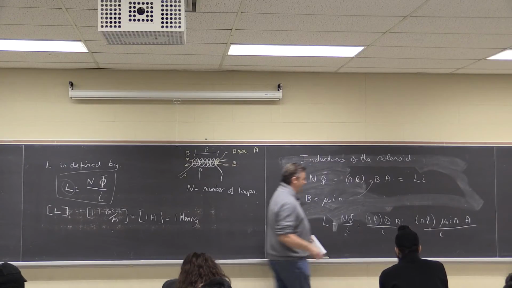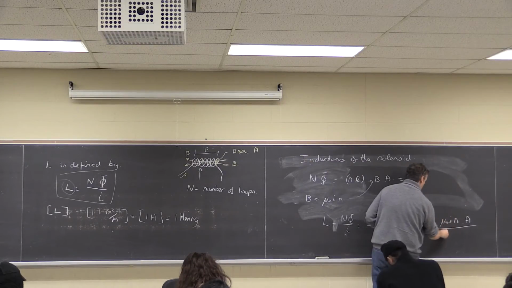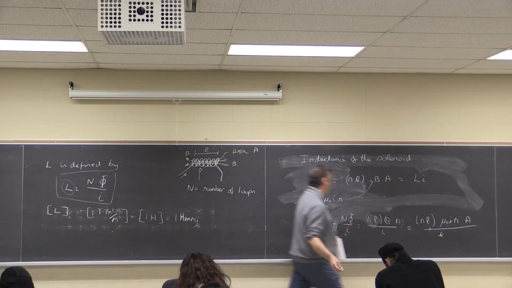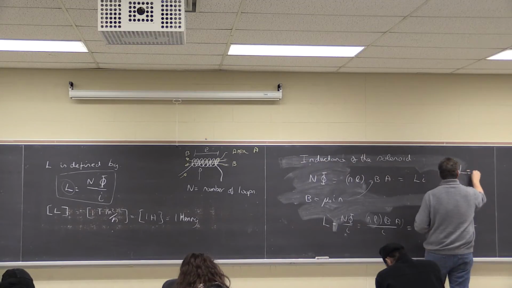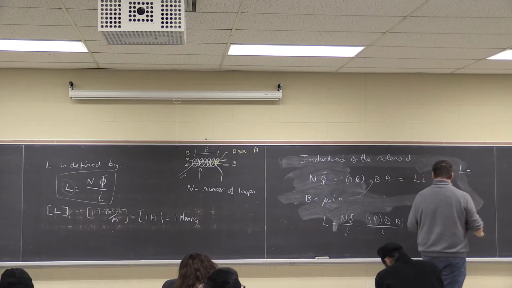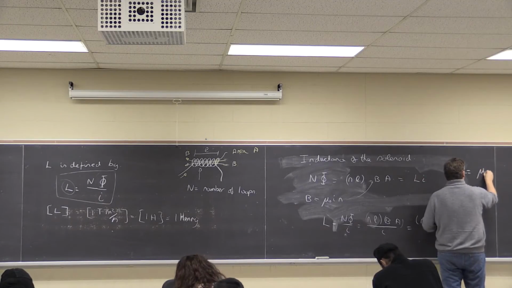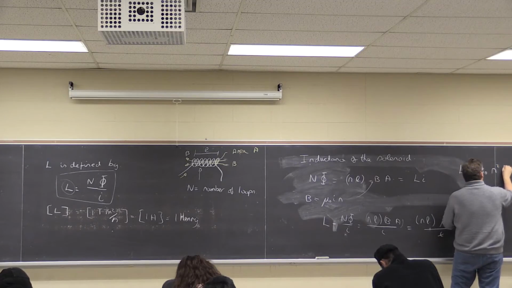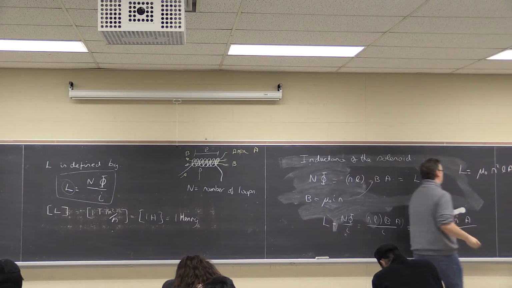So what happens? Well, the I's cancel out, and L, the inductance, is mu naught N squared L times A.